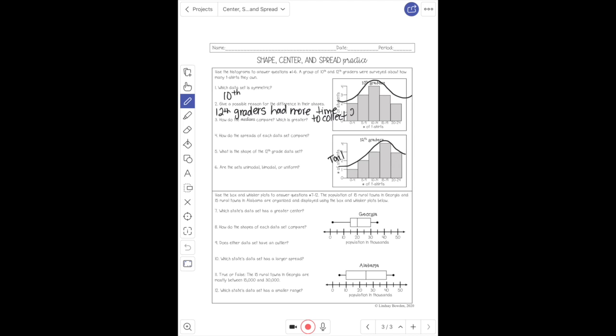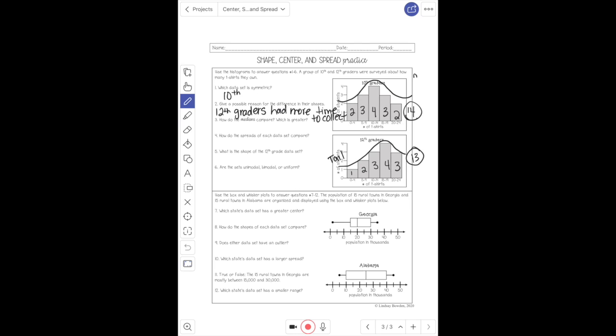So here I have 2, 3, 4, 3, and 2. So we have 5, 9, 12, 13. So we have 14 10th graders. Then we have 1, 2, 3, 4, and 3. So if we add these up, we have 13 12th graders.